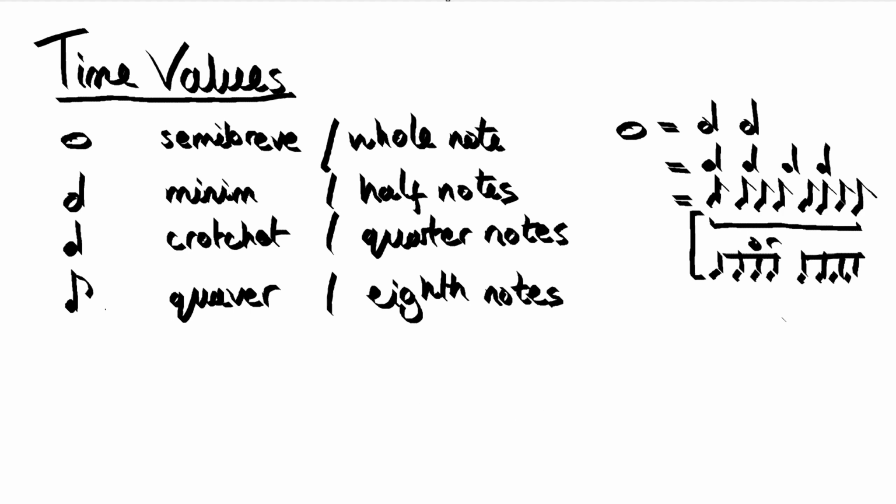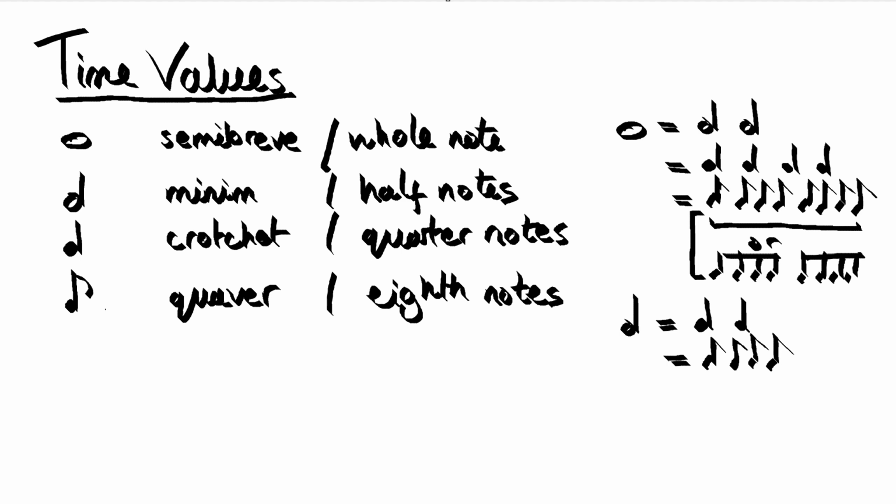That also means, therefore, that 1 half note is the same as 2 quarter notes, same as 4 eighth notes. In length, obviously, they are different in that there are 4 notes versus 1 note, but they take up the same amount of musical space.